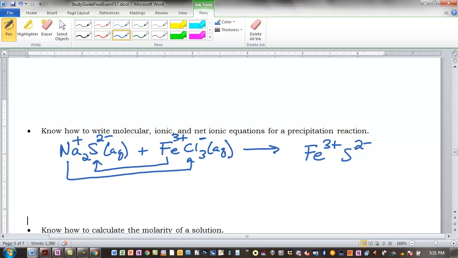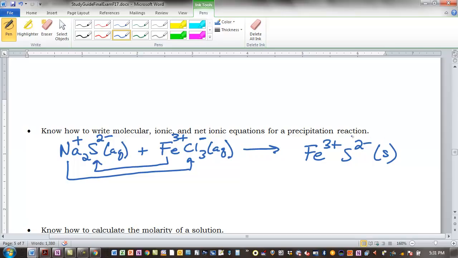You do not carry the subscripts, no. You carry the charges. We could write out this whole thing if you want, just to practice, but for net ionic, we now know this is going to be our precipitate. So we're essentially going to write the reaction of that precipitate being formed. We can shortcut to the correct answer, but we do have to write the correct formula of that solid.